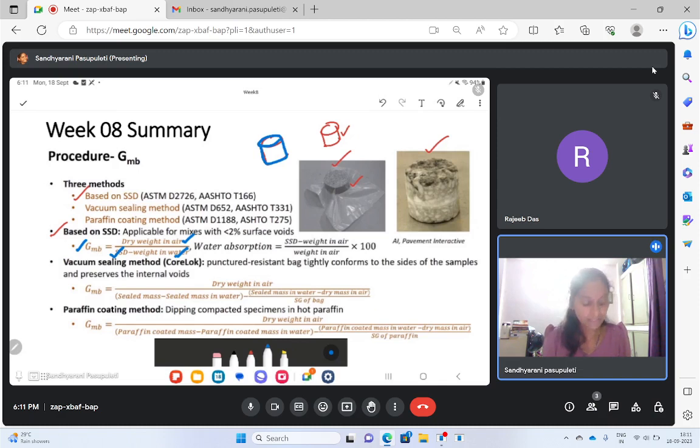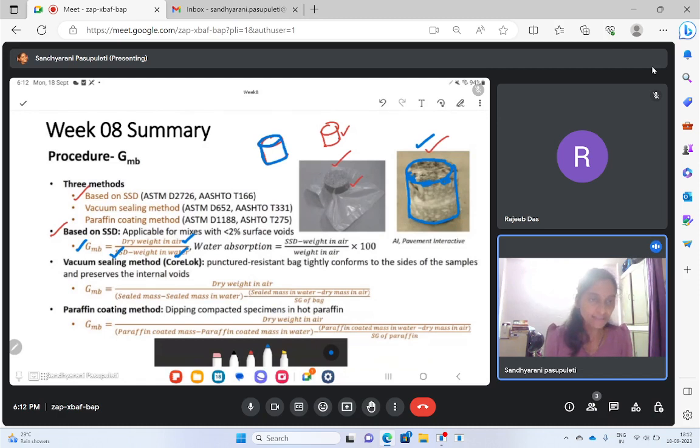But if we take any of the gap graded mixes, as you can see here, they all have more surface voids and more irregularities. So there is a higher chance that the surface is not uniform. When you dip into the water, there is more chance of water entering into the specimen, which will not give an accurate measurement of the volume.